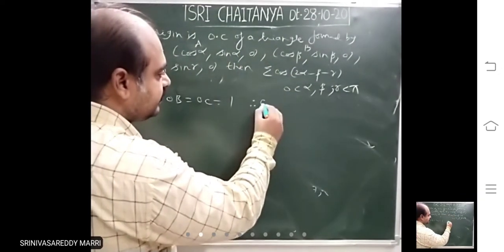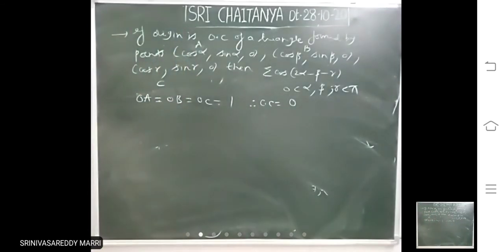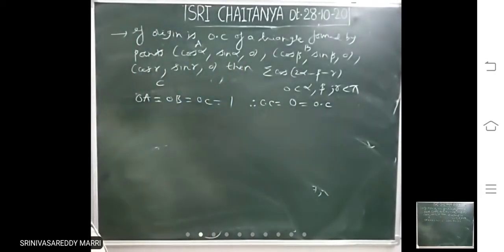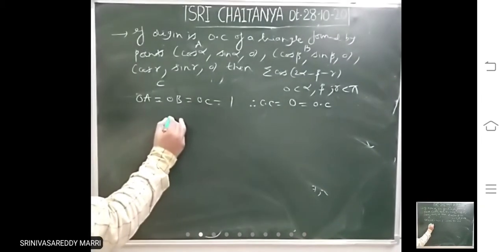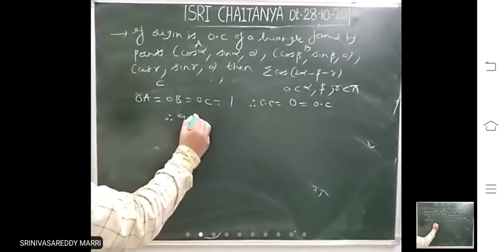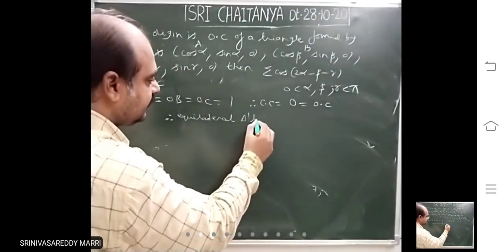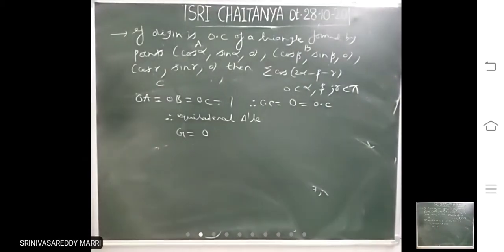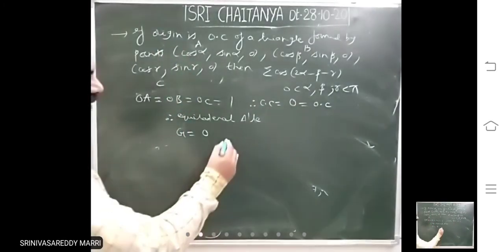Therefore you can say circumcenter is origin, and it is equal to orthocenter. That means circumcenter is origin as well as orthocenter is origin. Therefore, the triangle is equilateral, so centroid is also the origin. All three will be the same.